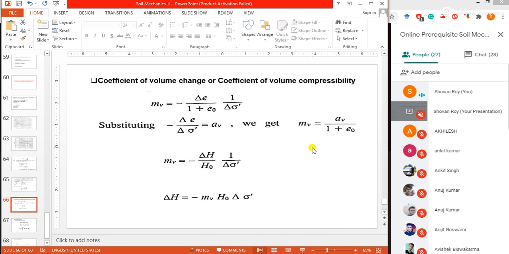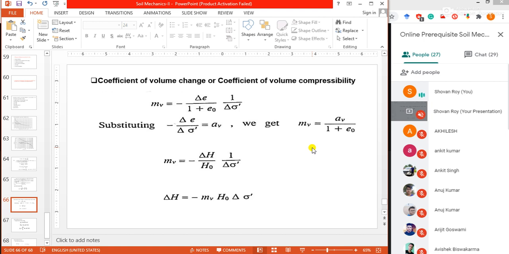Again, when the soil is laterally confined, as in our one dimensional consolidation test, where soil is always laterally confined, as we have seen in the test video, the change in the volume is proportional to the change in the thickness.